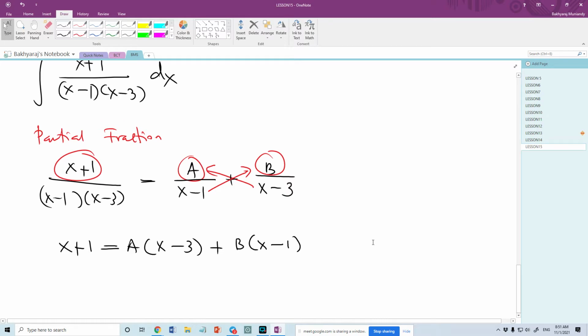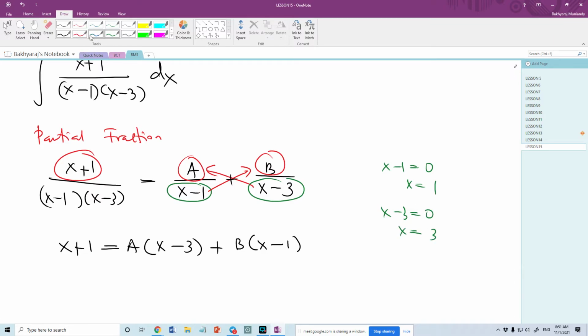Okay, after you get this, now you do substitution. So kita ambil balik ni, x minus 1, x minus 3. So x minus 1 you put 0, so x must be equal 1. x minus 3 equal to 0, x equals to 3.